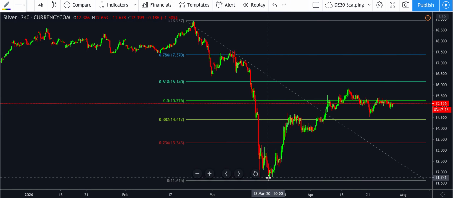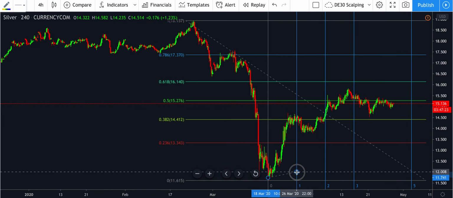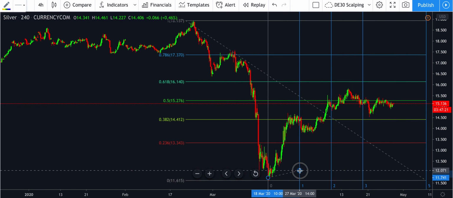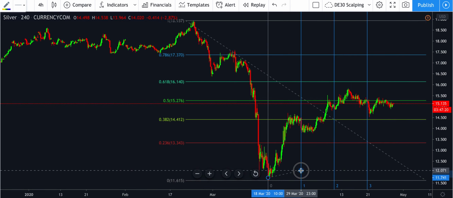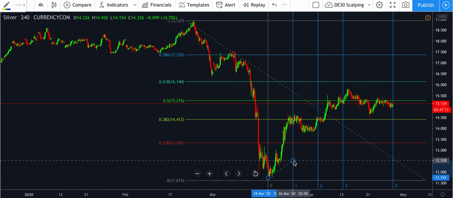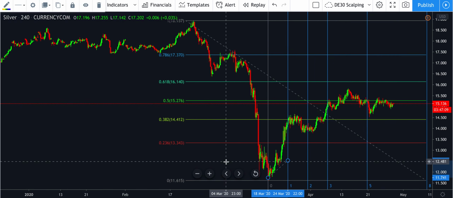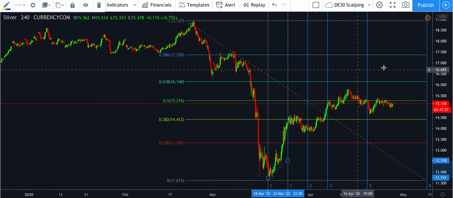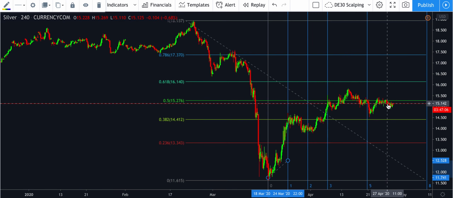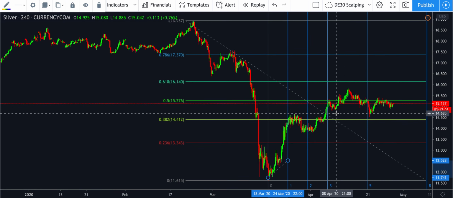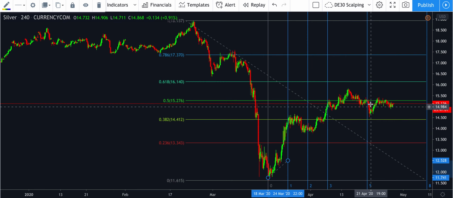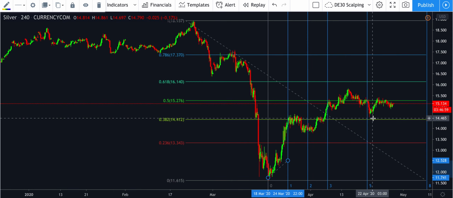Let's see with the cycles. Cycles can give us even more information. Cycles are also telling us that we might have an end of a cycle. As you can see, price did move down at the 5th.